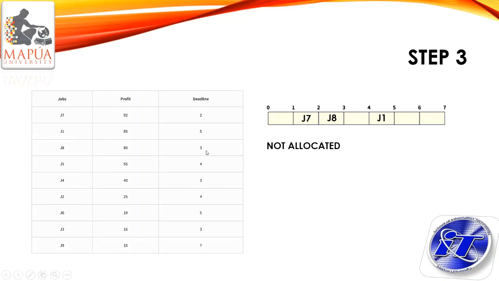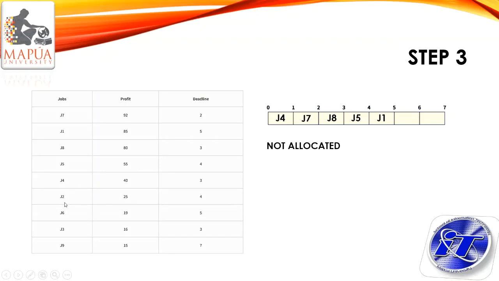Then job 5, deadline is 4, so the fourth slot. How about J4? Deadline is 3. Unfortunately, the third slot is already filled up by job 8, so look for an empty slot earlier than the third slot, which is the first slot. So put J4 in the first slot.